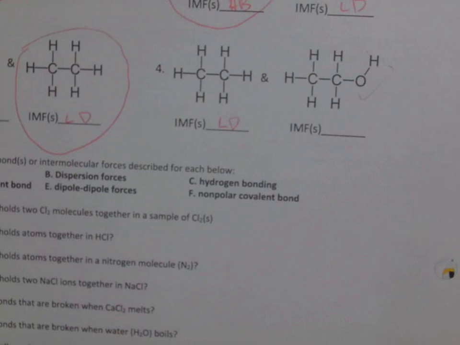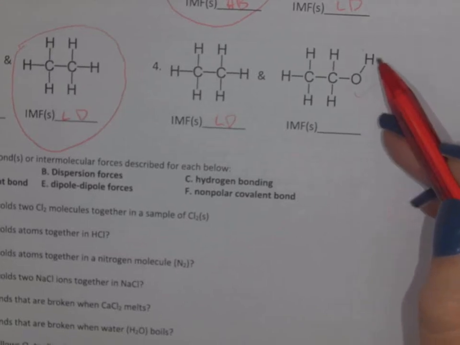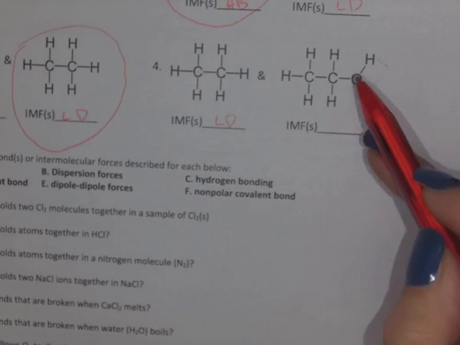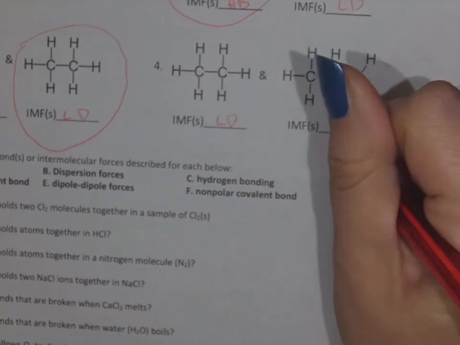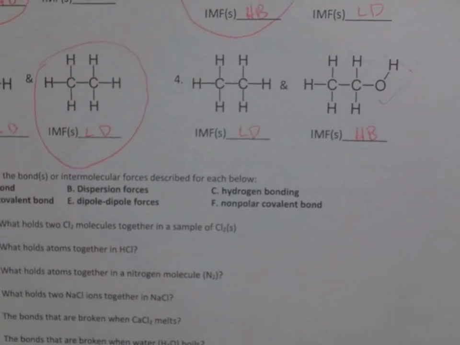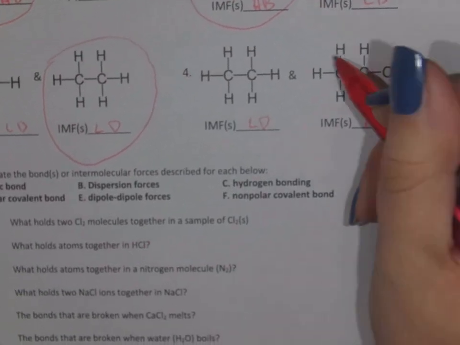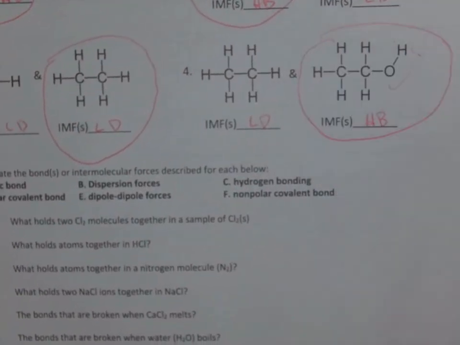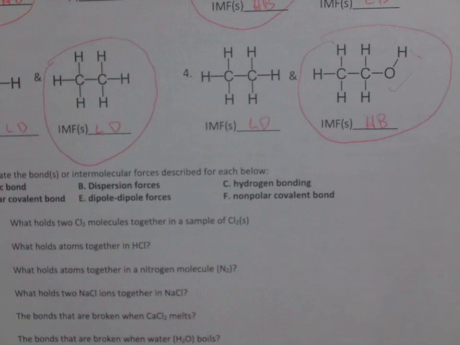So we know it'll experience dipole-dipole, but let's see if it meets the criteria of a hydrogen bond. And it does. We have a hydrogen bonded to either a fluorine, an oxygen, or a nitrogen. So because hydrogen bonding is stronger than London dispersion, this one would have a higher boiling point.